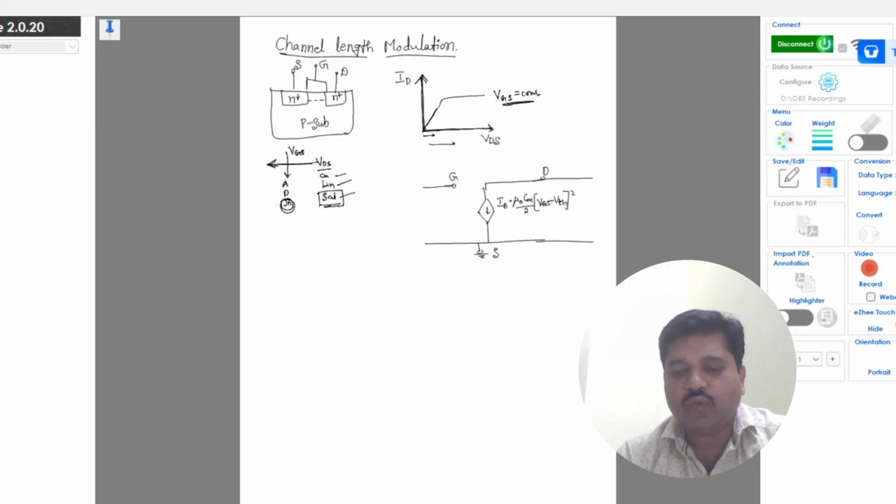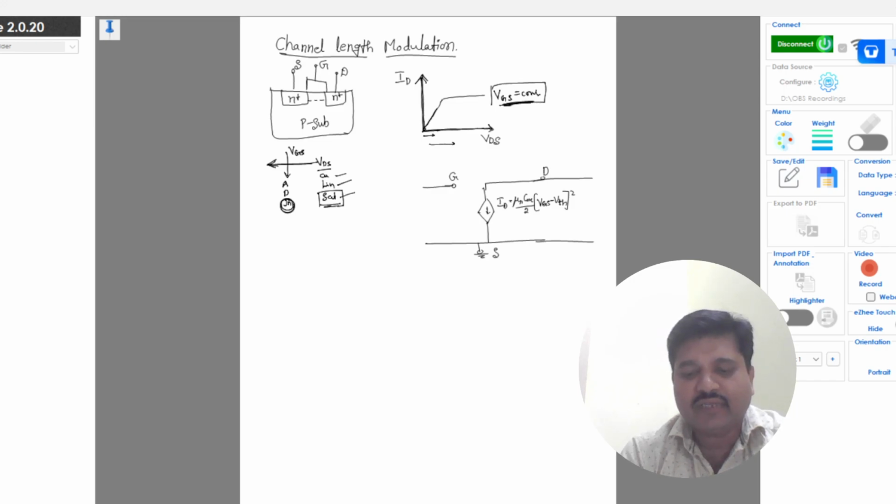Since VGS is constant, in the inversion region of the vertical field, the channel is already formed. The current will still be 0 if VDS is 0, because there is no difference in potential. The channel is already formed and the electrons are present in the channel, but they are immovable because VDS is 0, which corresponds to the cutoff region of operation.